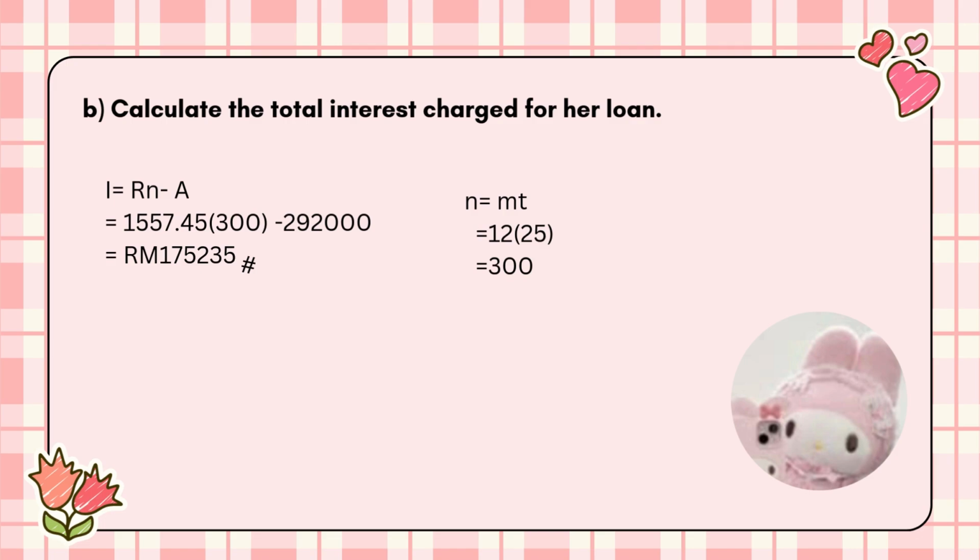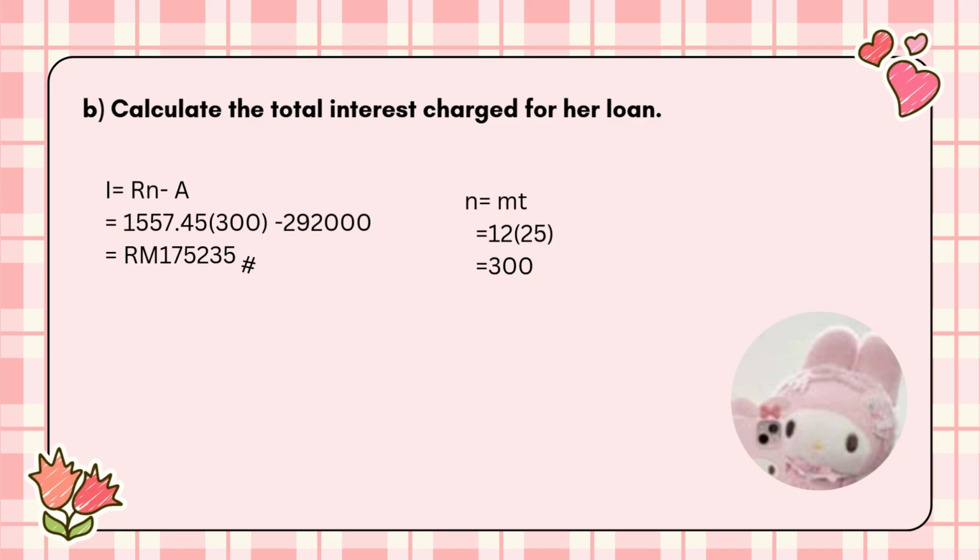For example, as you can see there, I already put 1557.45 multiplied by 300. We already got the 300 from the past question, and minus 292,000 ringgit from the past question also, and you will get 175,235 ringgit, and that's all.